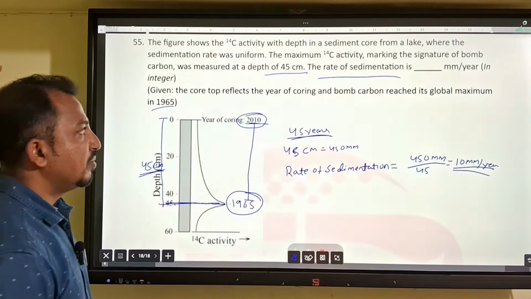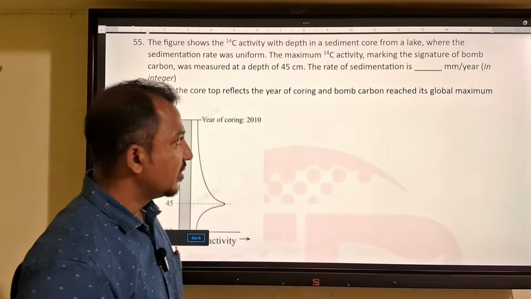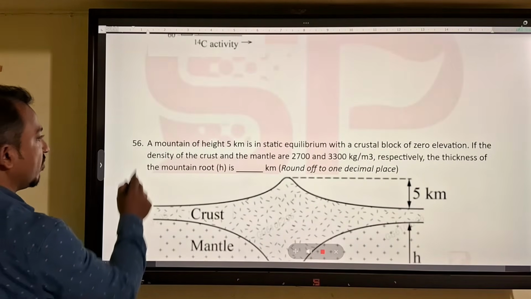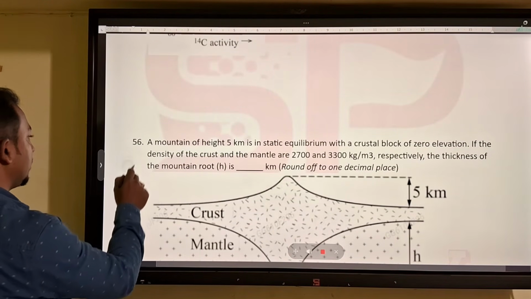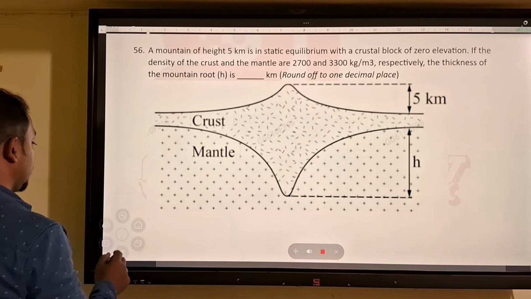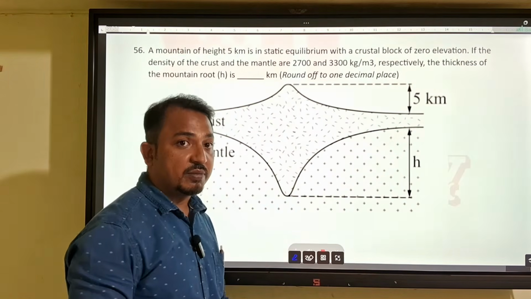So the answer will be 10 mm per year. So it's a very easy question. This type of question is commonly found in the IIT JAM exam. Then this is also a very common question. If you solve the PYQ section, then you encounter this type of problem.